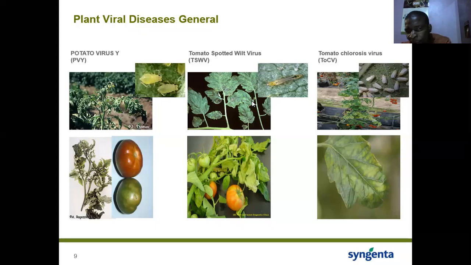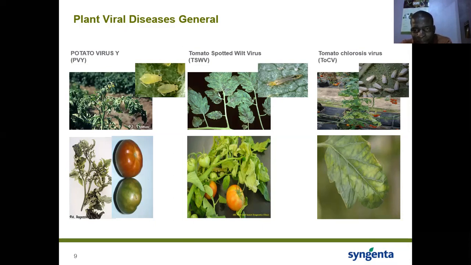If you have this disease, you find that your tomato will not ripen to your expectation. Instead of it being red, it will be red with some yellow patches and white patches, which is not good for the market, and it will reduce the quality of the crop that you are going to market.